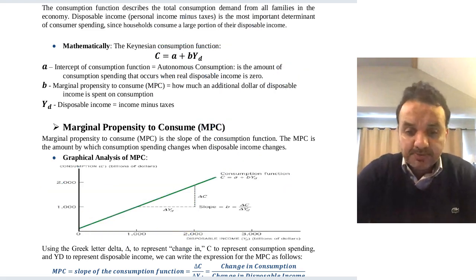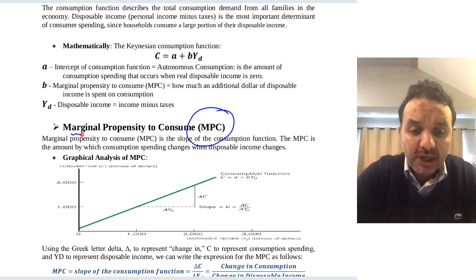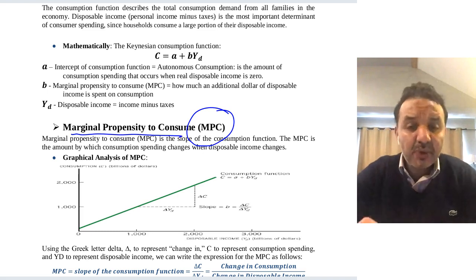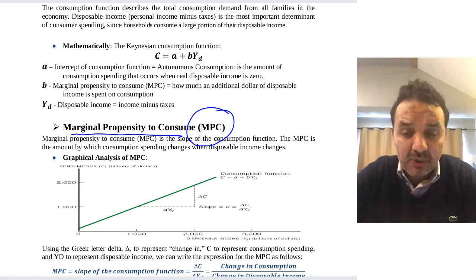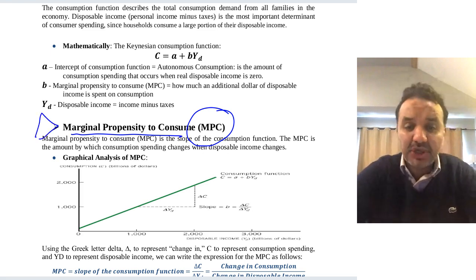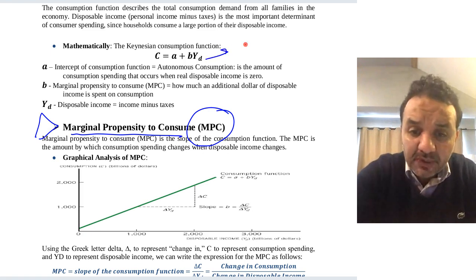Now let me introduce another economic concept, which is called the marginal propensity to consume. Whenever you hear the word marginal in any economics course, it means the change. So marginal means the change, or simply, it is the slope.